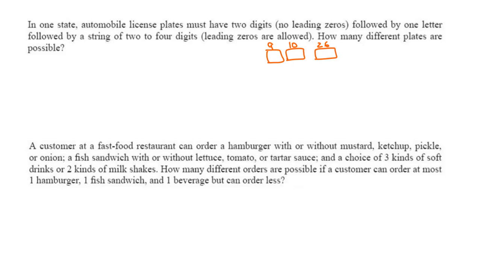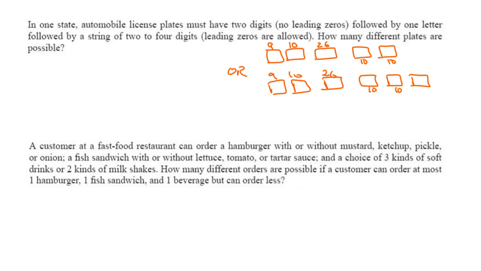And then it is followed by 2 to 4 digits. Either we follow by 2 digits, or we do the same and follow by 3 digits, where I have 10 for each digit to choose from, or we have the same with 4 digits.